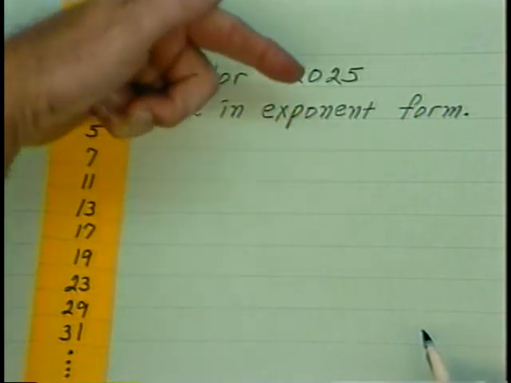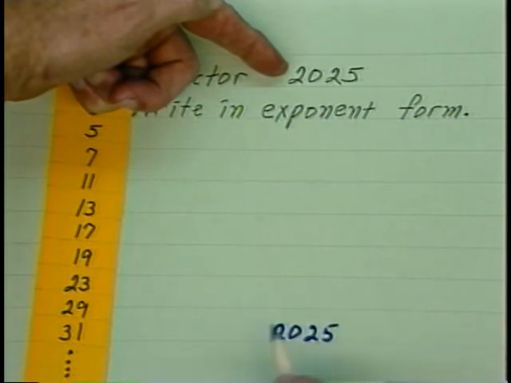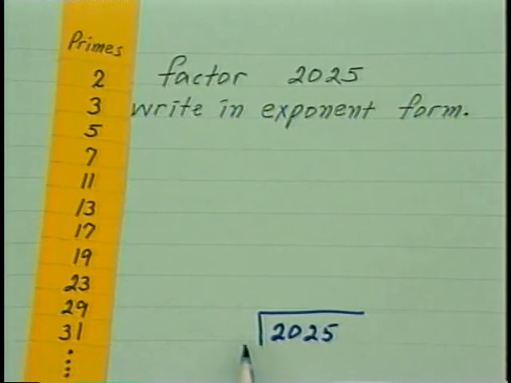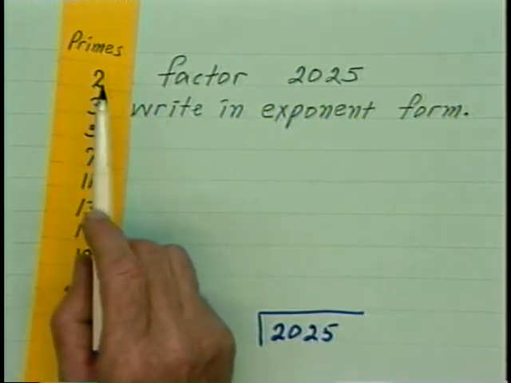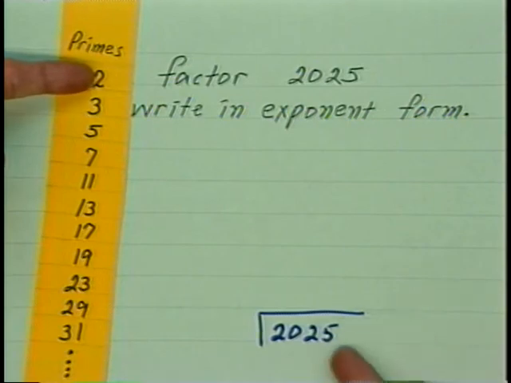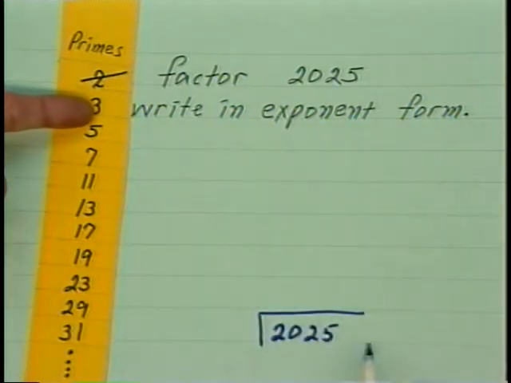And recall we simply started a series of divisions of the number we wish to prime factor, but dividing only by primes. So starting with the first one, we ask, will 2 go into this? The answer is no, because this is not an even digit. Then we ask, will 3 divide into this?